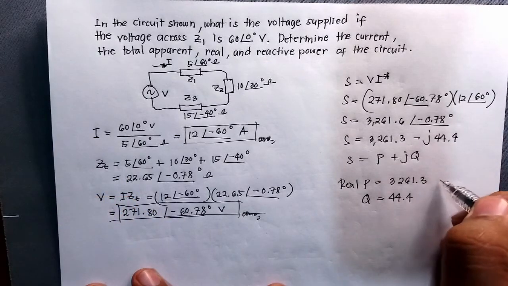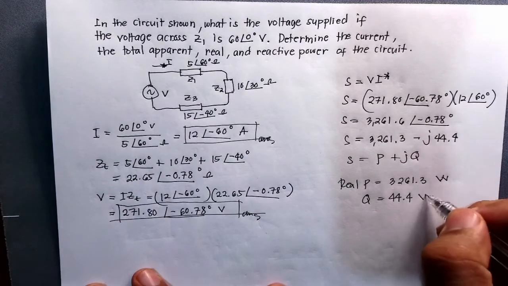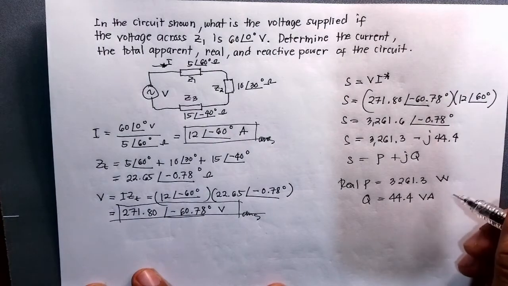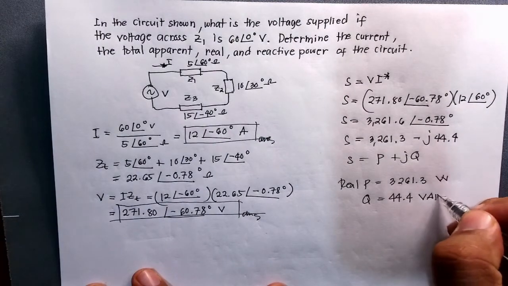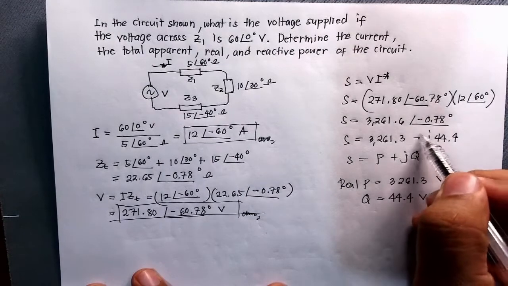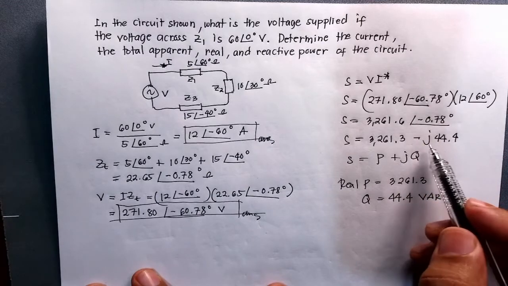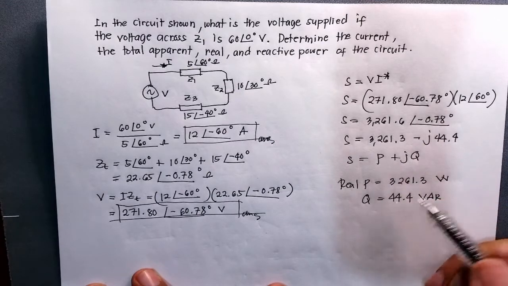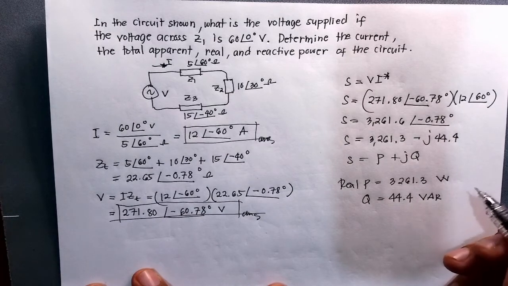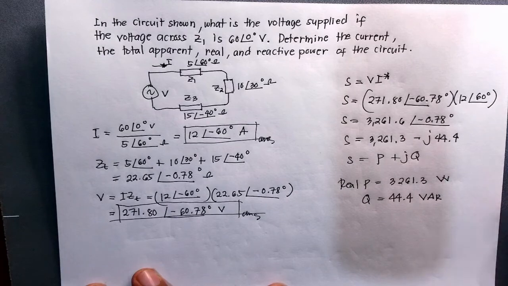By the way, the unit that we are using here is watts, and here volt ampere, VA, and reactive, var. Since this is negative, it means that our circuit is more capacitive, it has more capacitor.